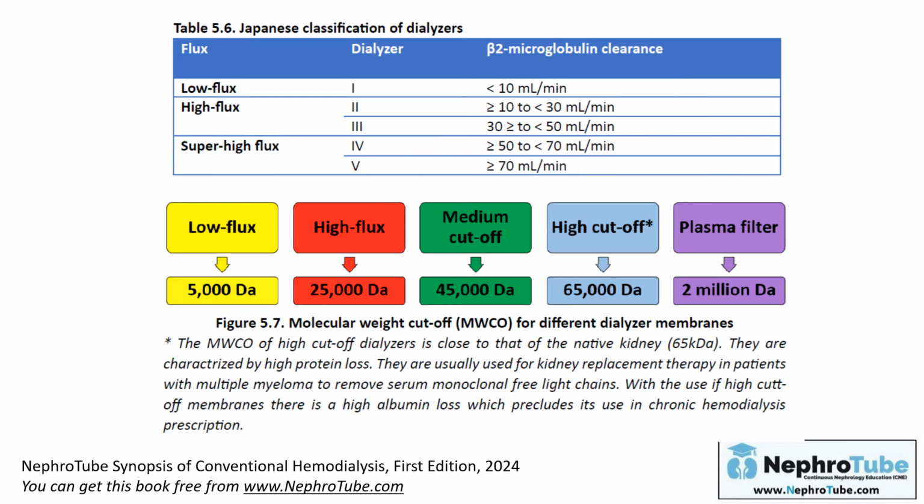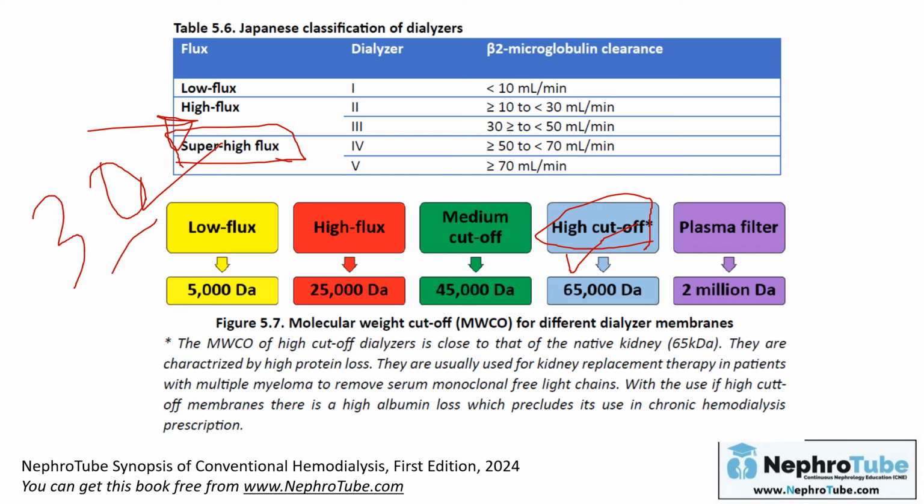But take care, some references also call high cutoff dialyzers super high flux. Why? These references are not using the Japanese classification. So if the reference you are reading depends on the Japanese classification and mentions super high flux, they mean that super high flux removes molecules up to 30,000 Dalton.